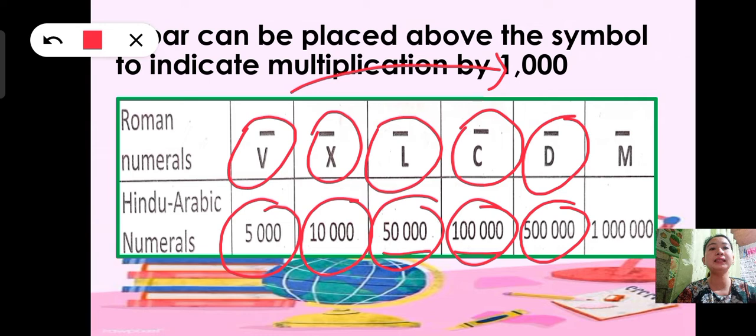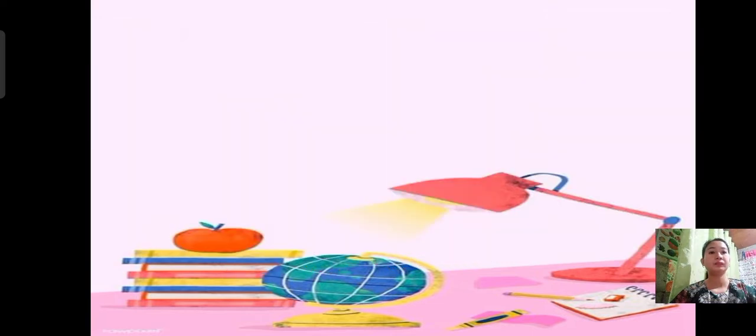Roman numeral D, its value is 500, multiplied by 1000, so we get 500,000. And last one, Roman numeral M that has a bar on top, in Hindu-Arabic numerals, its value is 1 million. Roman numeral M, its value is 1000, multiplied by 1000, so we get 1 million.